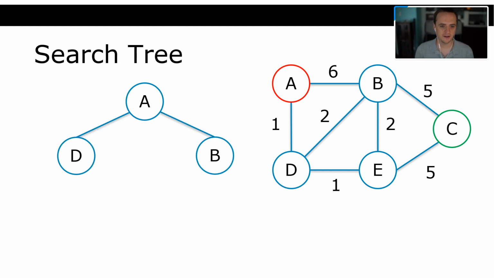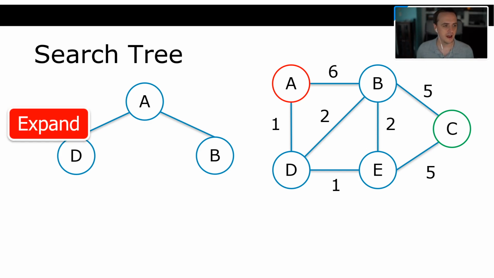So I expand this node, the root node, by creating two more nodes with edges between them, okay? So here, we're looking at all the possible first level actions in this search. And that is going from A to D and from A to B.